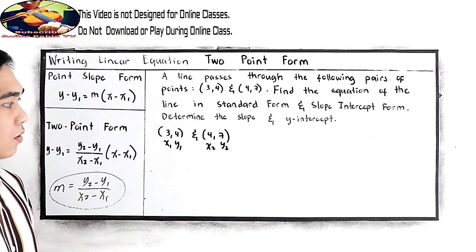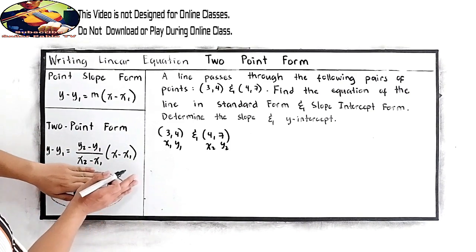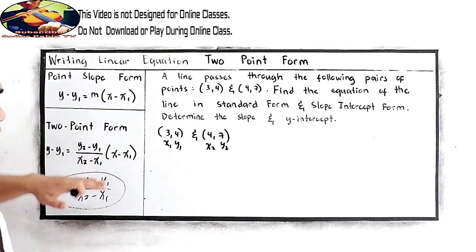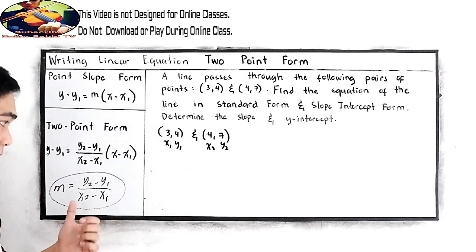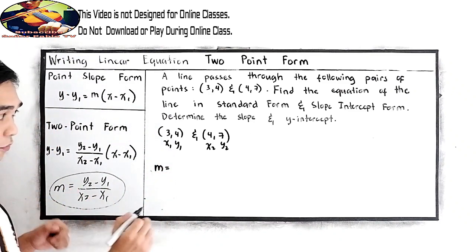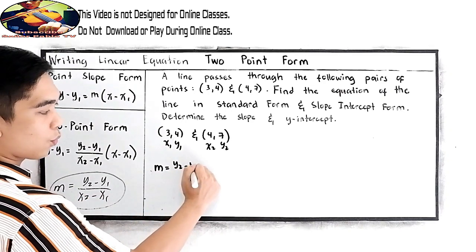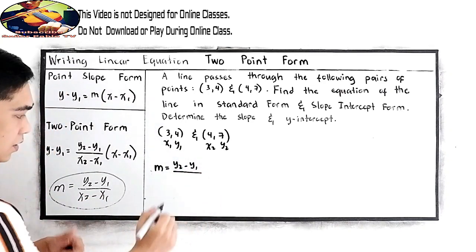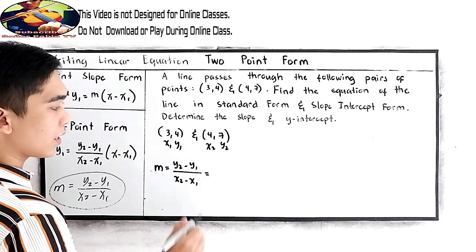It's up to you if you're going to use the two-point form, or you're going to get first the slope. Now let's get the slope first. So m is equal to the formula y sub 2 minus y sub 1 all over x sub 2 minus x sub 1. Then substitute.